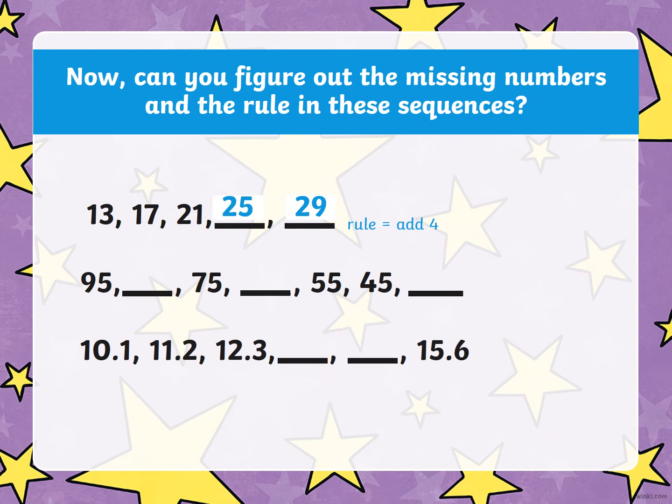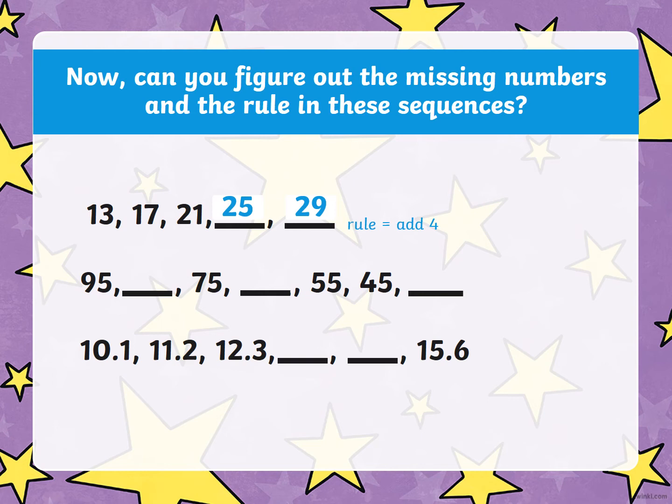Now, this next one is harder. We've got 95, then a gap. Then we've got 75 and then a gap, then we've got 55, 45 and a gap. So it's probably easier to start with the two numbers that are together, 55 and 45.